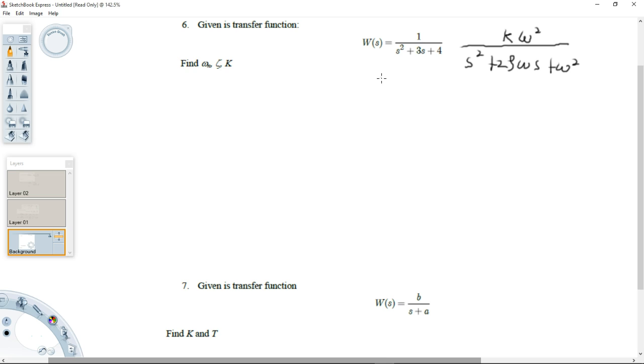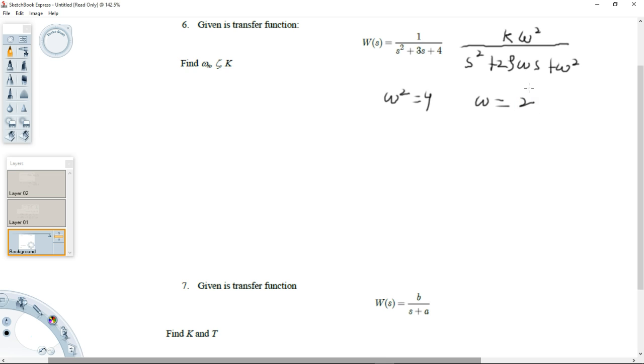So let's start with what we know. We know that omega squared and omega squared both have to be the same number, and 4 can't change here. So we know that omega squared has to be 4 because of what's right here. So omega squared is equal to 4. You square root both sides, you'll get omega is equal to 2.